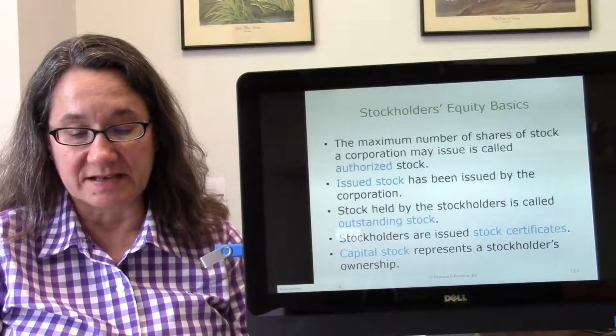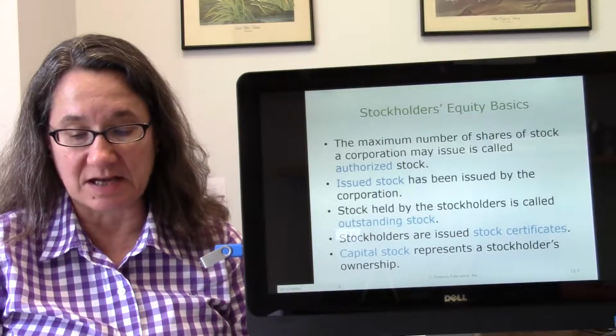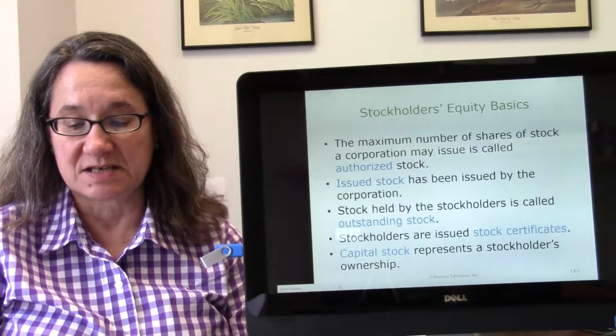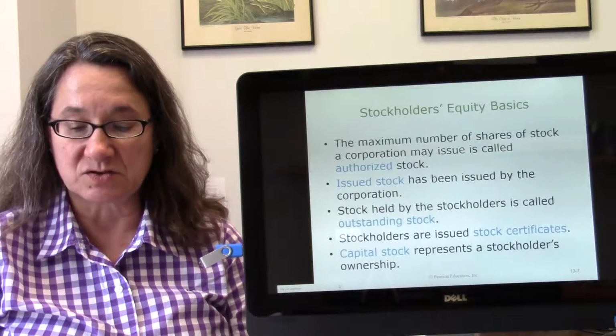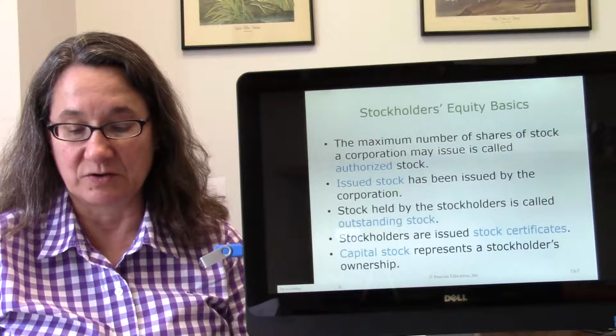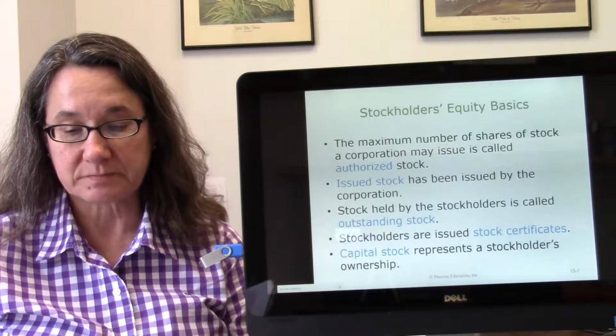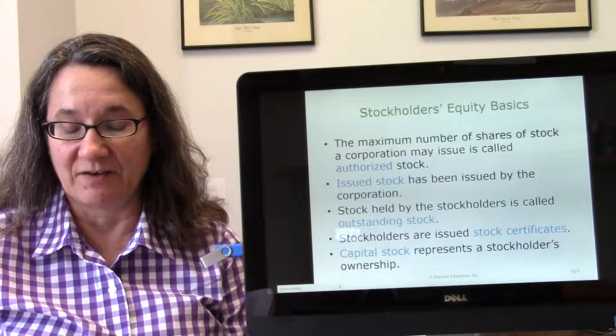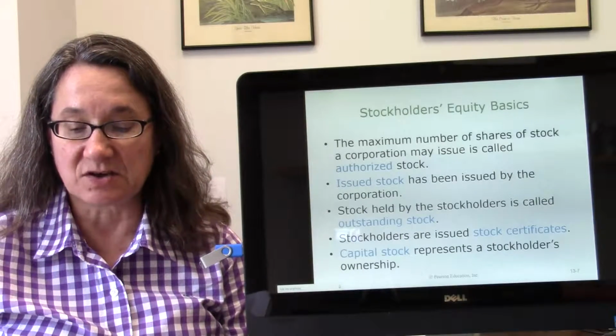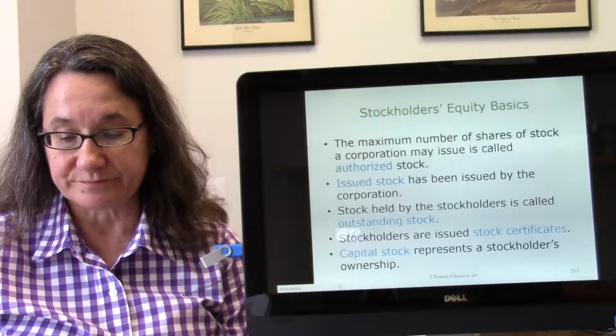Issued stock has been issued but may or may not be held by stockholders. A corporation issues stock certificates to the stockholders when they buy stock. A stock certificate is paper evidence of ownership in a corporation. The stock certificate represents the individual's ownership of the corporation's capital, so it is called capital stock.